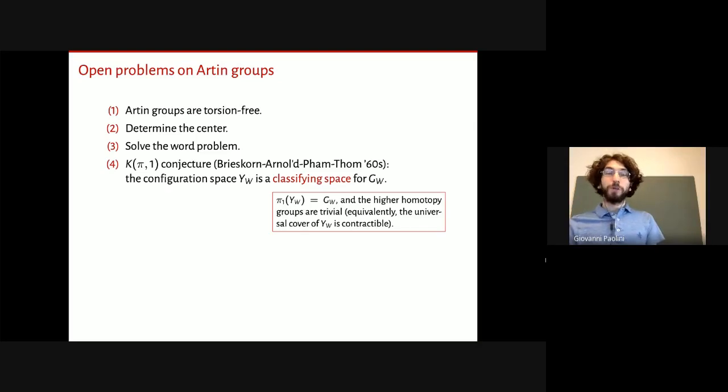And the third point is that we don't know how to solve the word problem, which means that we don't know any algorithm to check if a product of generators is the identity or not, which is quite unfortunate, because if you want to do any basic computation, you really need at least to be able to distinguish 2 elements.